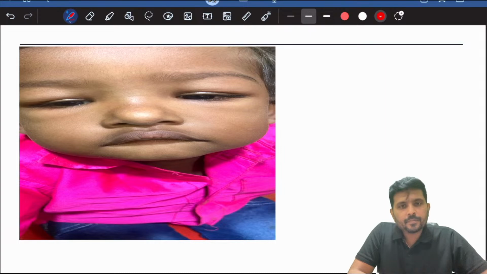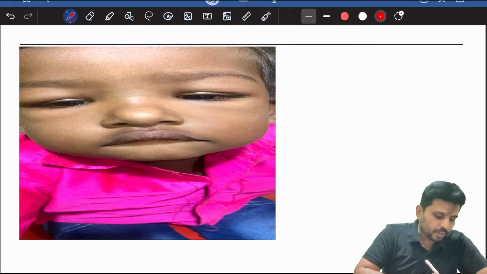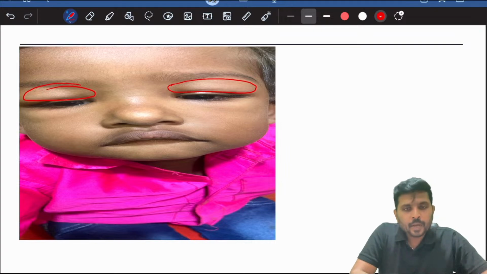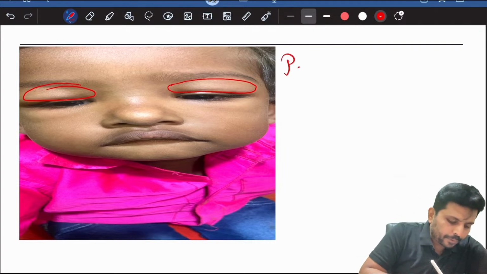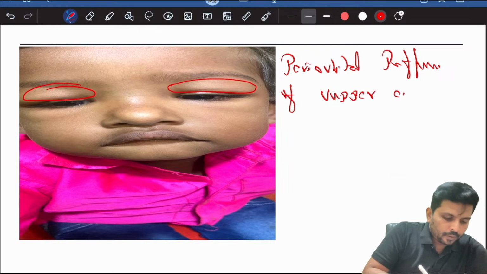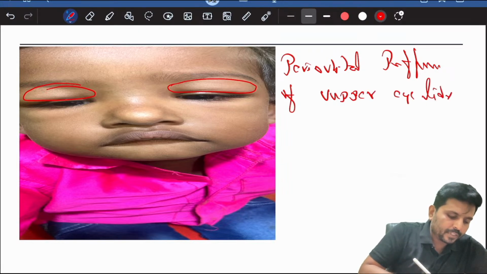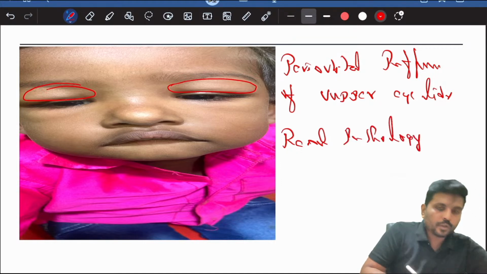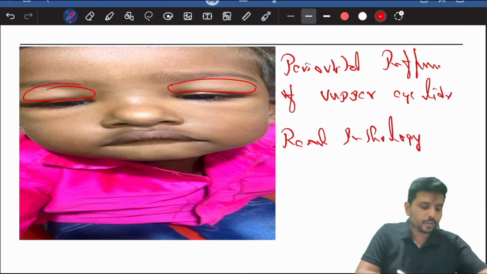What is this? Look at this. There is periorbital puffiness involving the upper eyelids, suggestive of renal pathology.